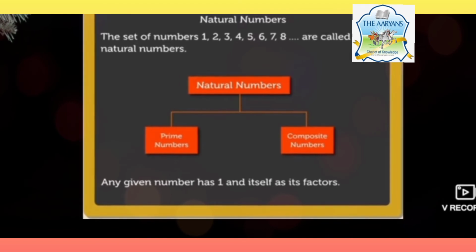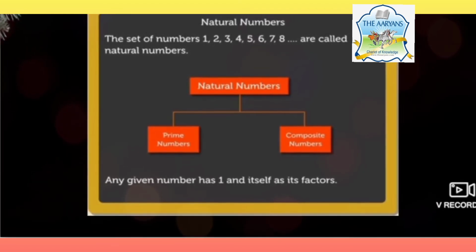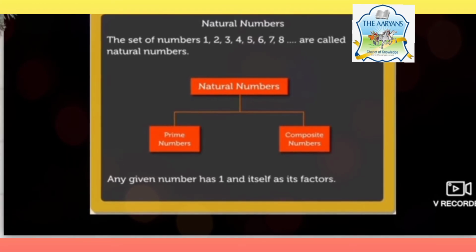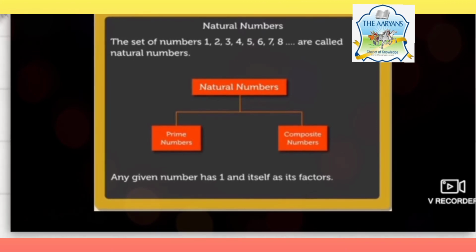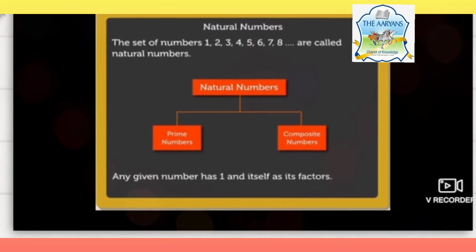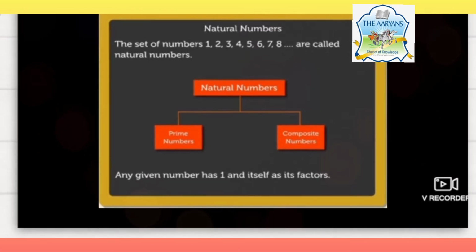Now next comes the next topic, that is natural numbers. What are natural numbers? The set of numbers that starts from 1, 2, 3, 4, 5, 6, 7, 8, they all are natural numbers.